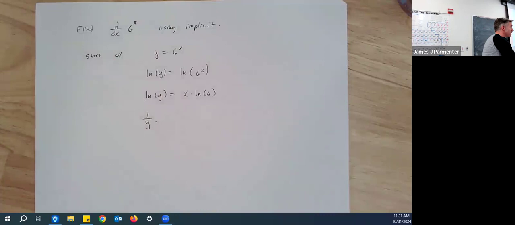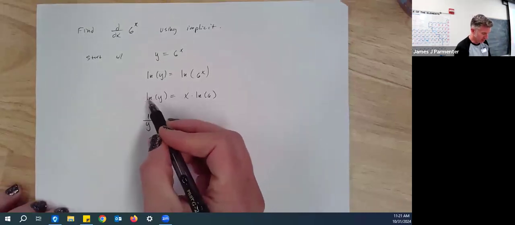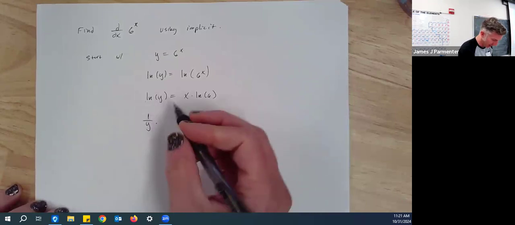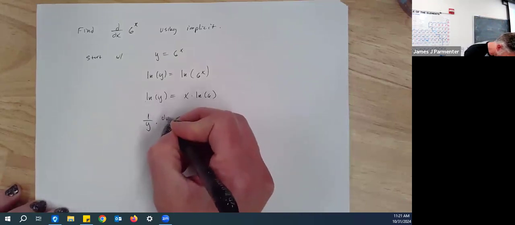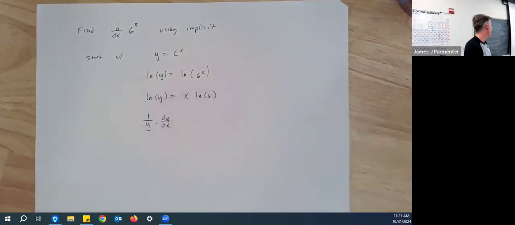What do you have to multiply by? The derivative of the stuff, right? That's why we want to always keep that chain rule thing in mind. If your thing isn't just x, if it's some stuff, at the end of the process, you have to multiply by the derivative of the stuff every single time. So I took the derivative of the natural log of some stuff. I got 1 over the stuff, and I have to multiply by the derivative of the stuff.